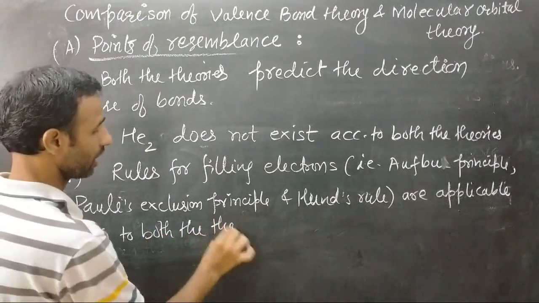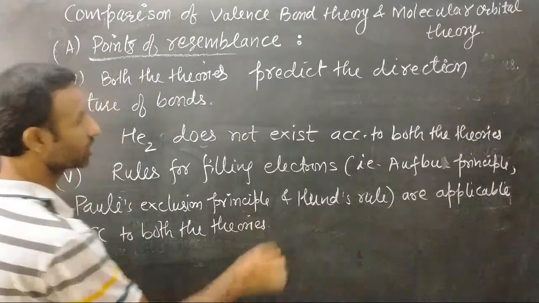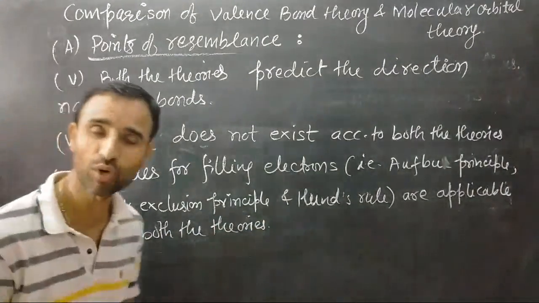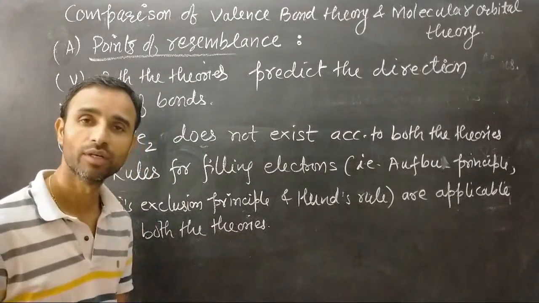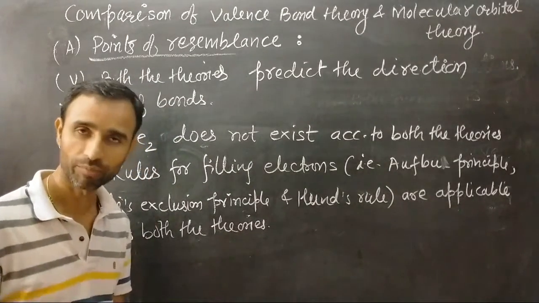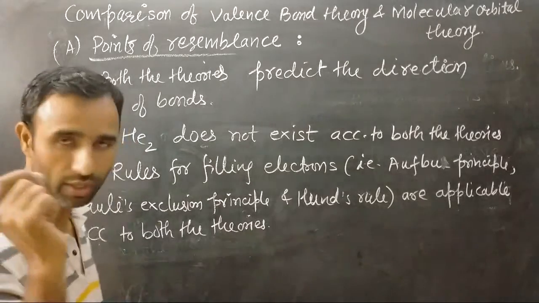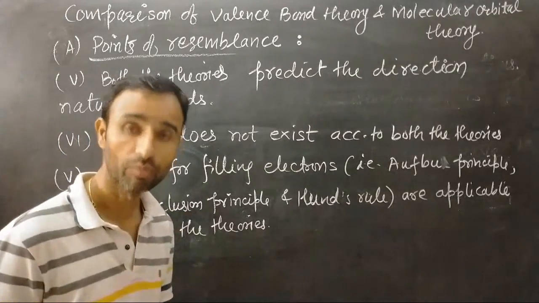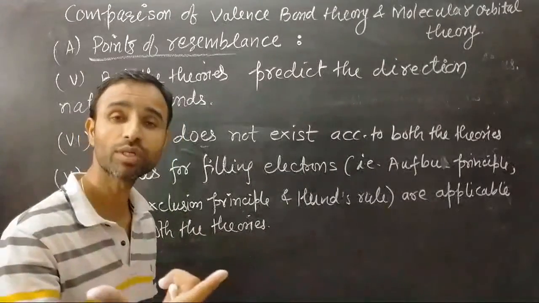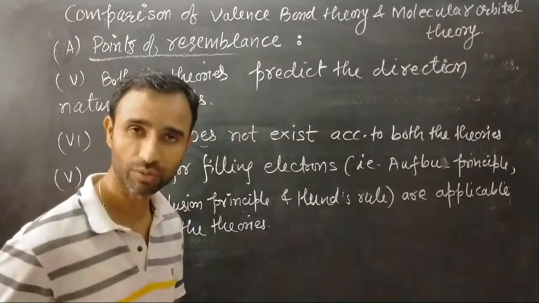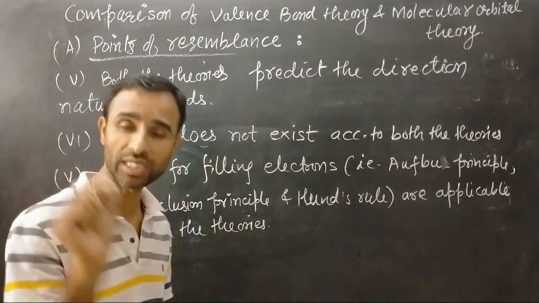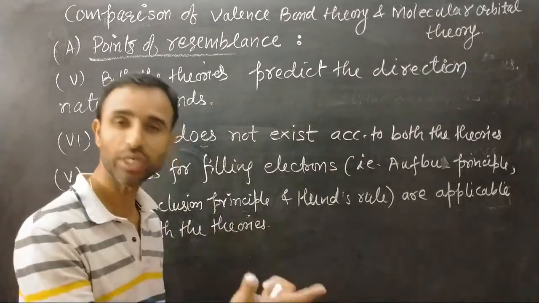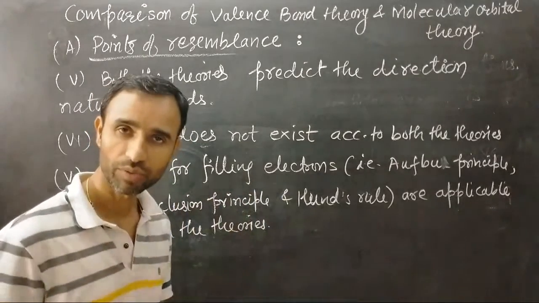So these are points of resemblance between Valence Bond Theory and Molecular Orbital Theory. First, both are approximations. Both tell us about the orbital overlap concept. Both tell us that electron density between the nuclei increases.